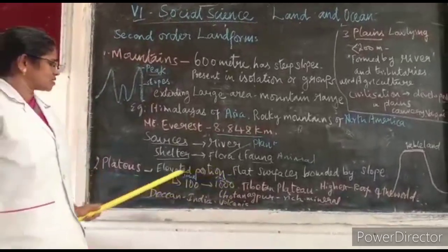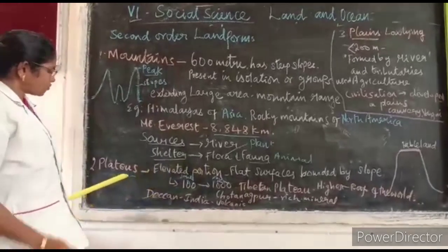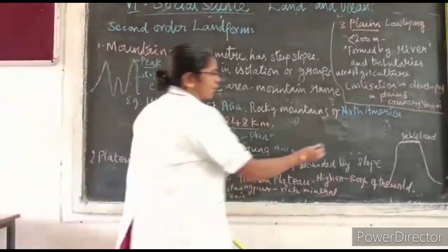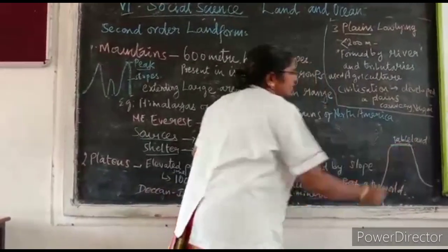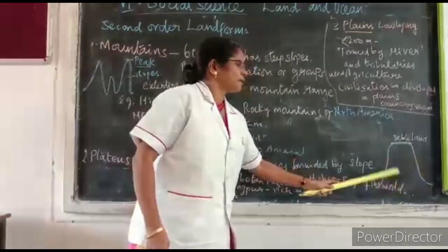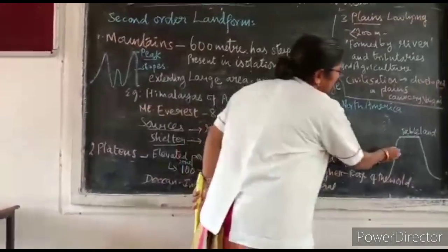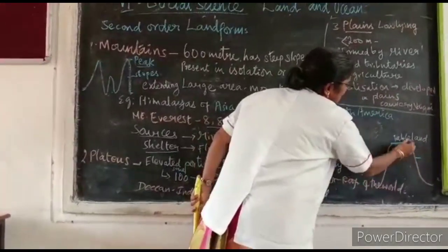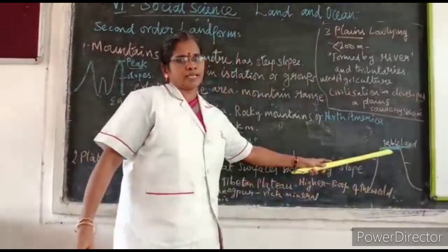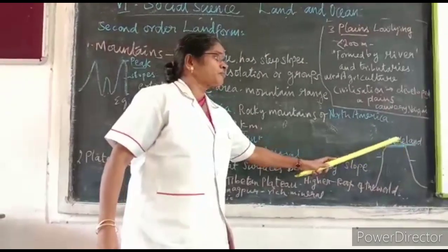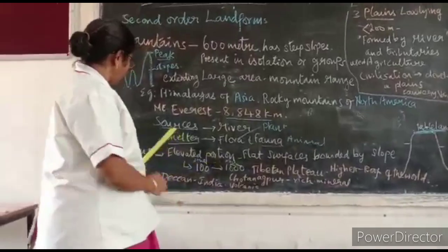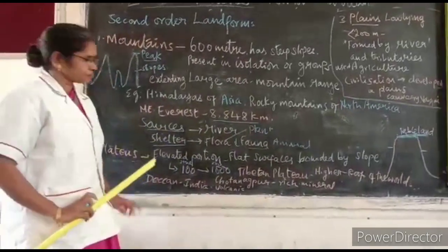So the elevated portion from the ground level we call plateaus. A plateau has a flat surface on the mountain ridge, surrounded by slopes. This flat surface we call the tableland. Tableland is nothing but a flat surface present on the elevated portion, and we call that a plateau.